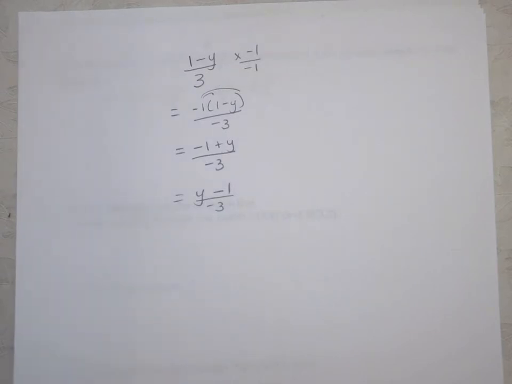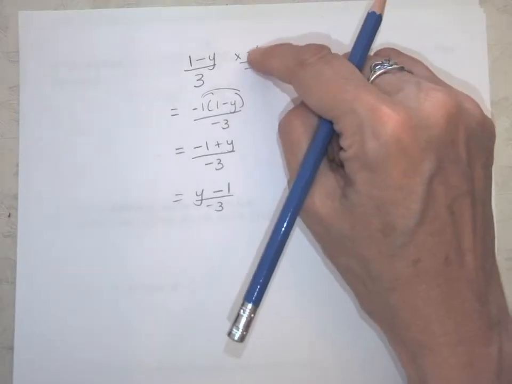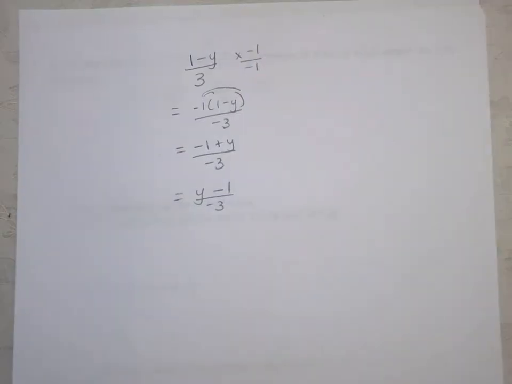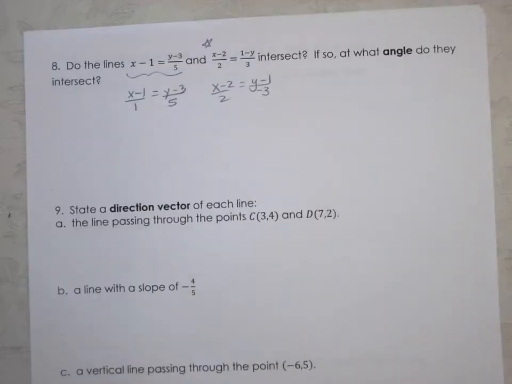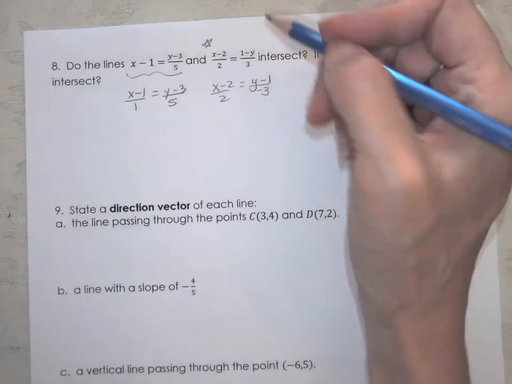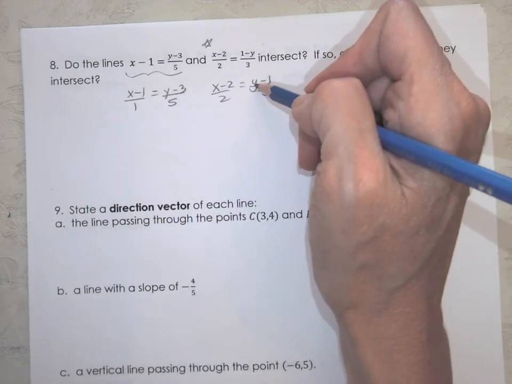Okay, so all I've changed is what it looks like, because I really multiplied by 1, because I multiplied the top and bottom by the same thing. But now it's in symmetric form because y is first here and positive.